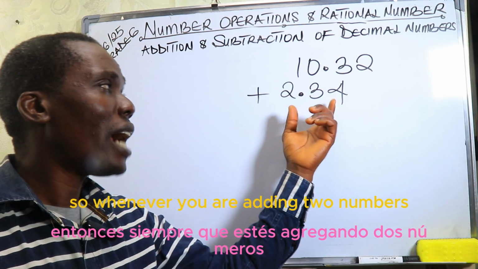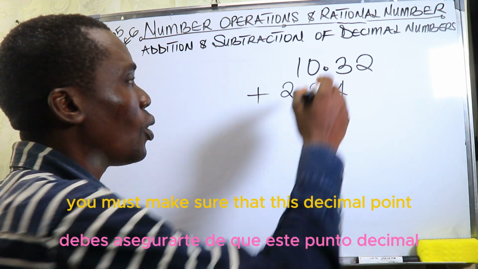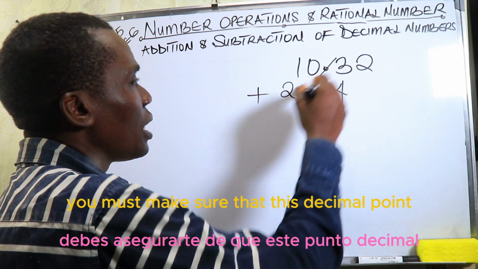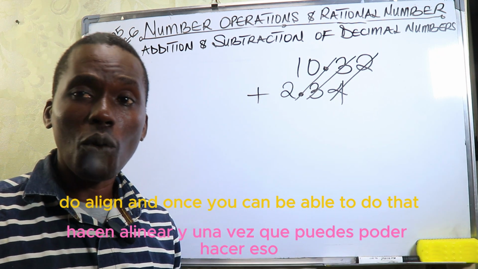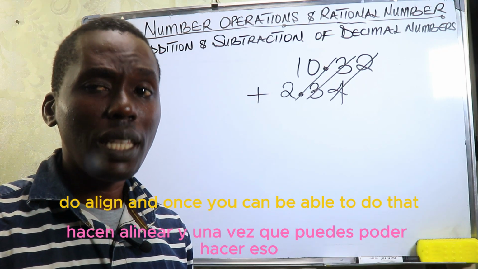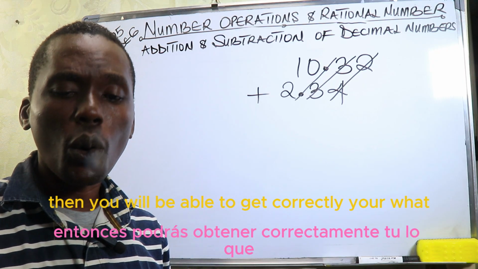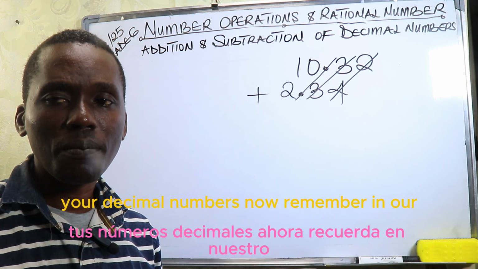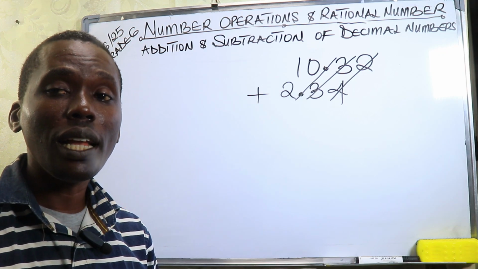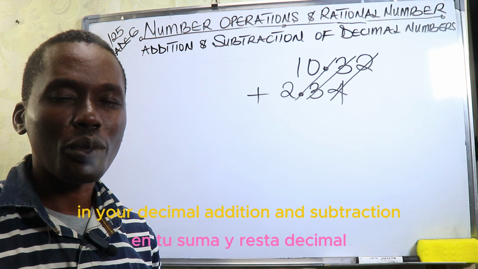So whenever you are adding two numbers, you must make sure that the decimal points and the decimal numbers do align. And once you are able to do that, then you will be able to get your decimal numbers correctly.